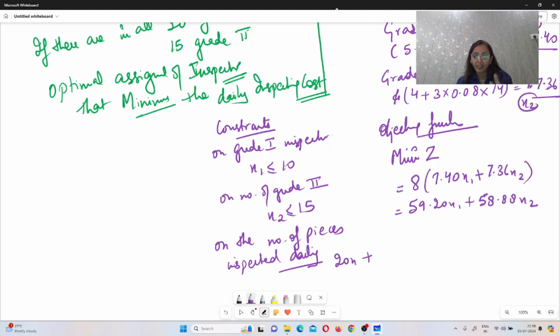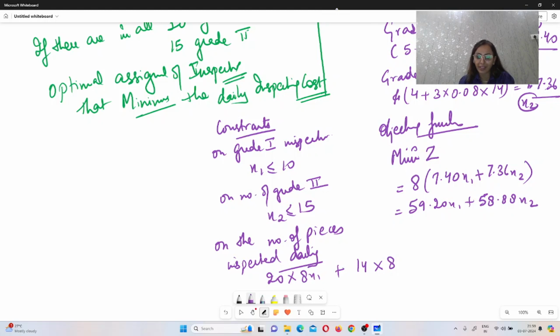You can write it in this way: 20 multiplied by 8 x1 plus, for the second one, 14 units into 8 x2, and that should not be greater than 1500. So 20 times 8 is 160 x1, plus 14 multiplied by 8, that is 112 x2.